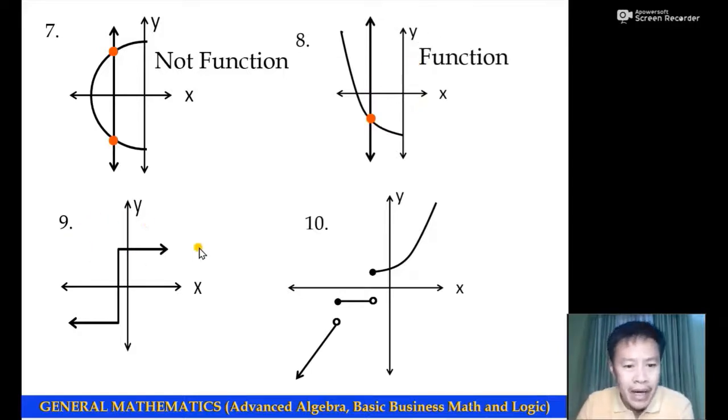We will proceed with number 9. Take note, in our graph number 9, there is a portion in which this portion of the graph is parallel with the y-axis. Therefore, do not draw your vertical line here.